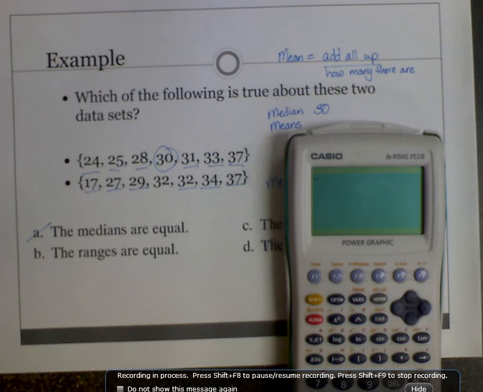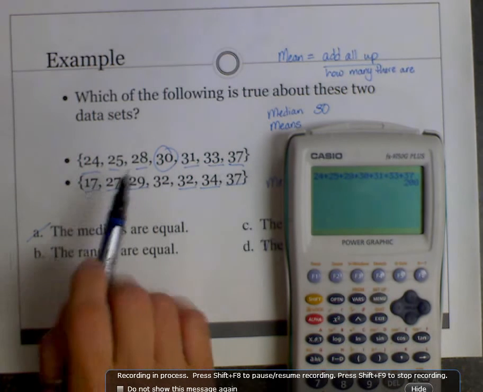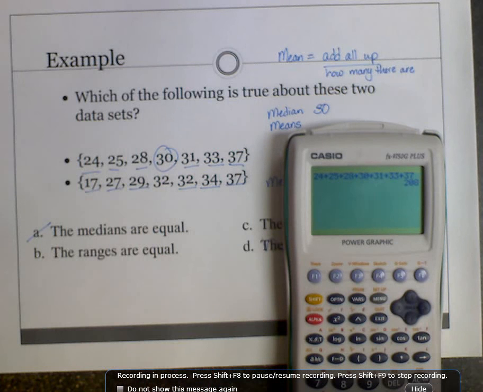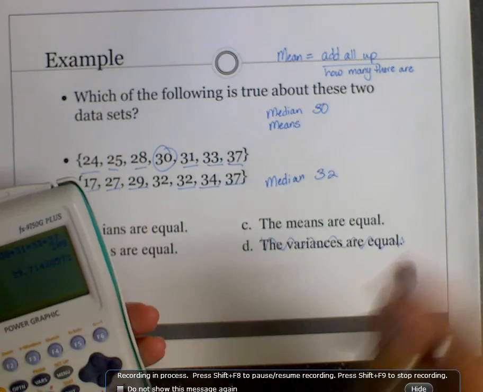So 24 plus 25 plus 28 plus 30 plus 31 plus 33 plus 37. 208. 208 divided by what? 1, 2, 3, 4, 5, 6, 7. Divided by 7. This one is saying that my mean is 29.71.